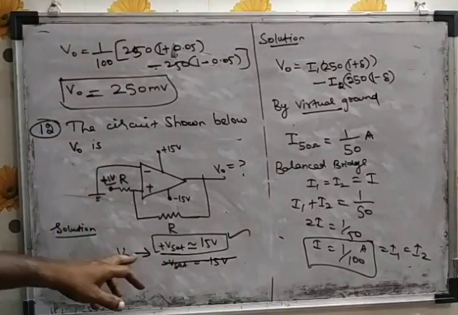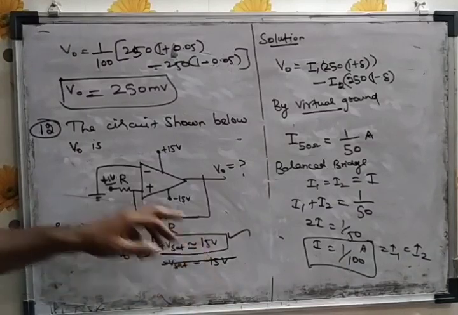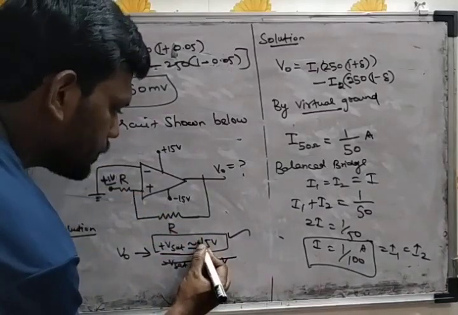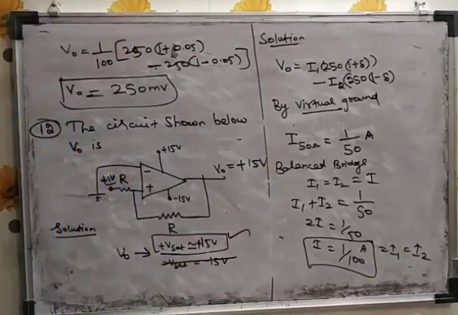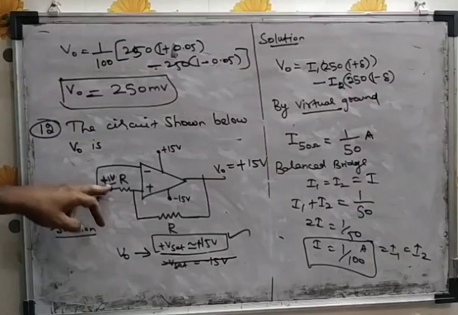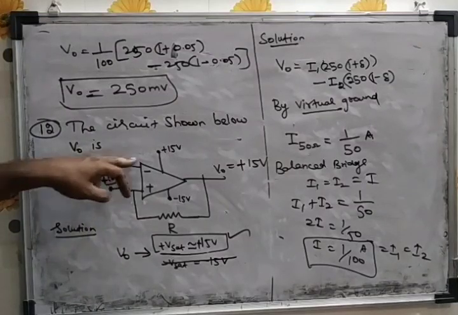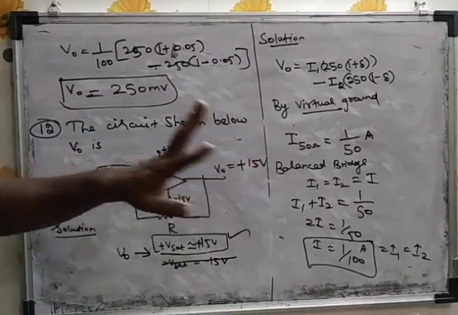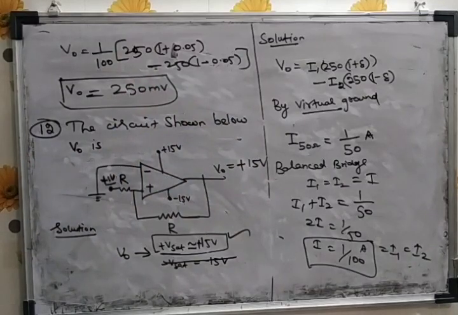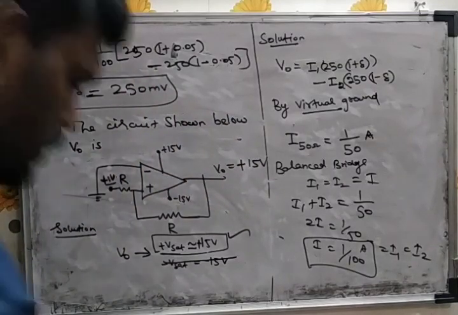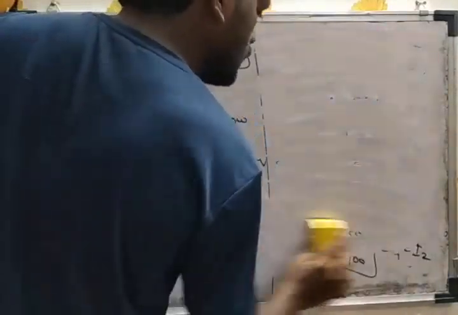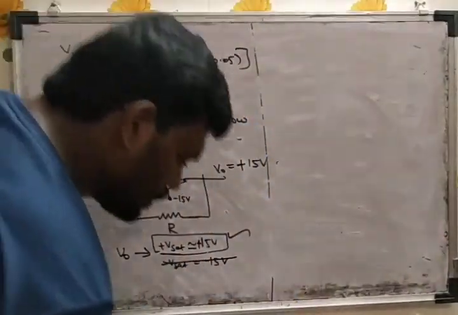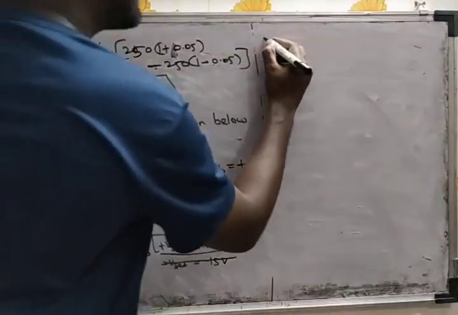So V0 is plus 15 volt. If you give the input at the inverting terminal, you will get V0 as minus 15 volt. So next question.